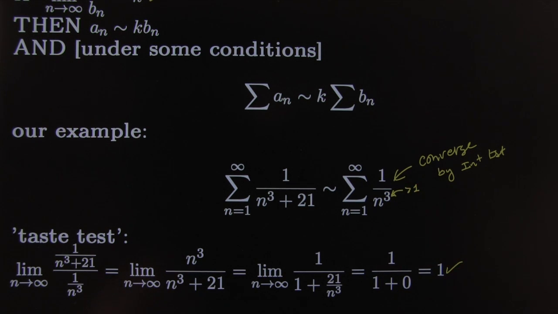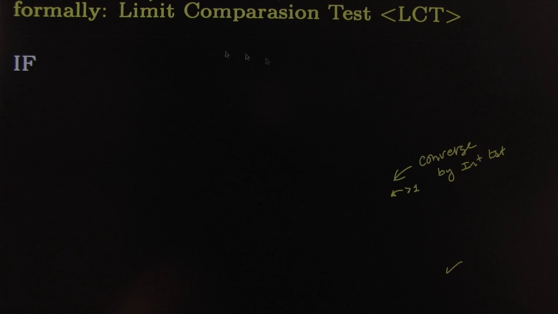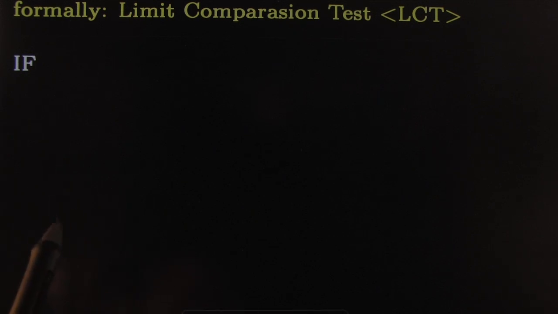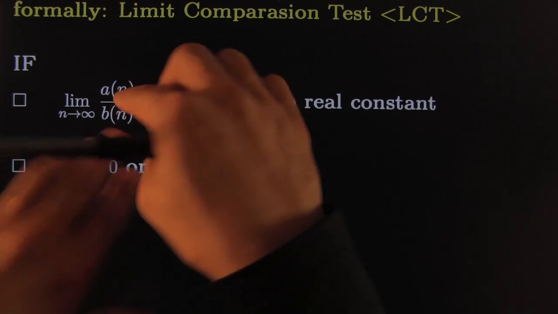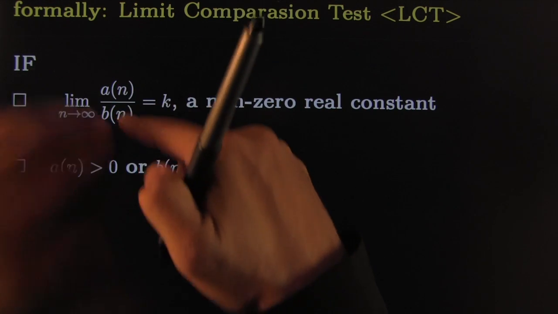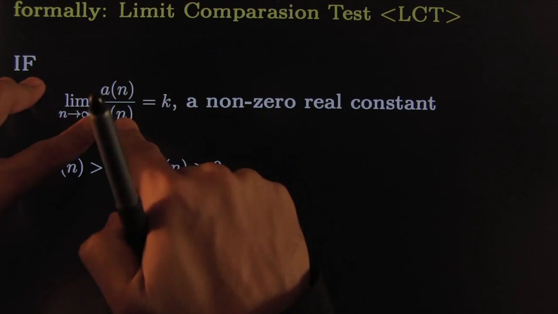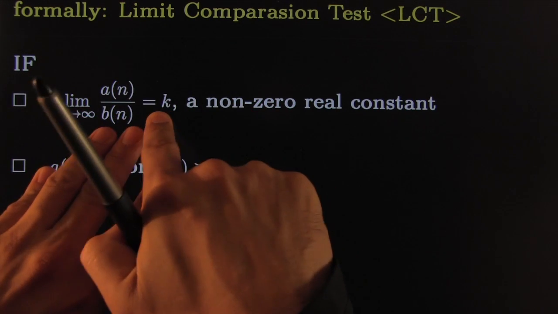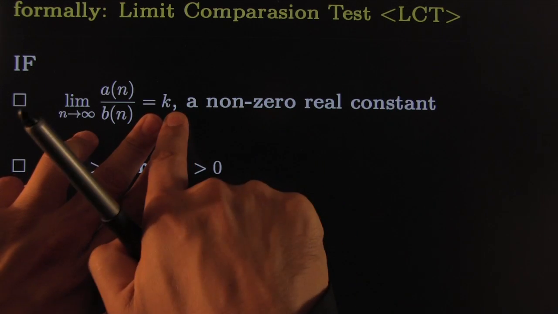Alright, so formally, let's summarize what we just said. Here's how the limit comparison test works. You first have to smell it out and figure out what it smells like, and then you look at this ratio, the one you have and the one you think it smells like, and you check that the limit is a constant, a non-zero real number constant k.